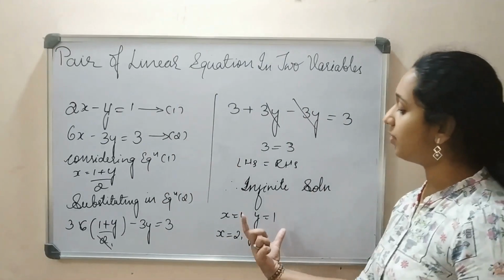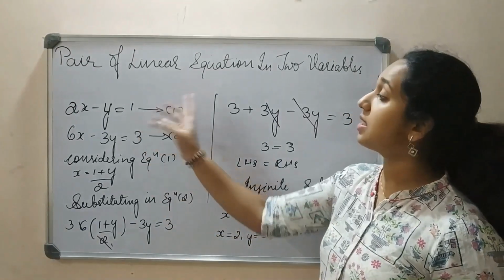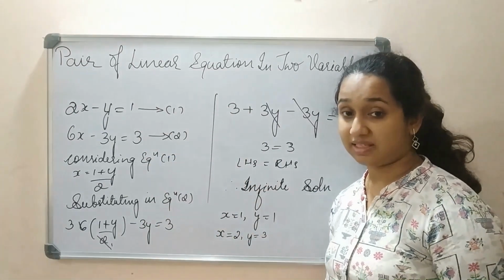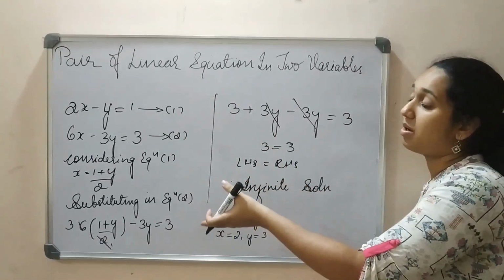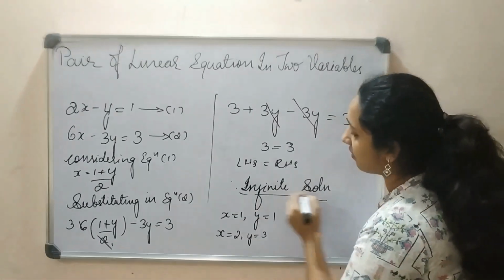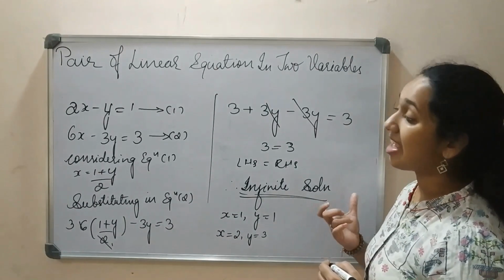So, whatever values of x and y you take, these equations will be satisfied. Therefore, whenever you get the same equation in two variables, it will have an infinite number of solutions. And this is the second category.